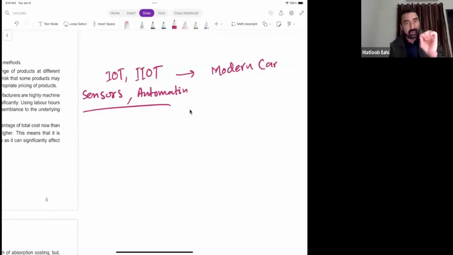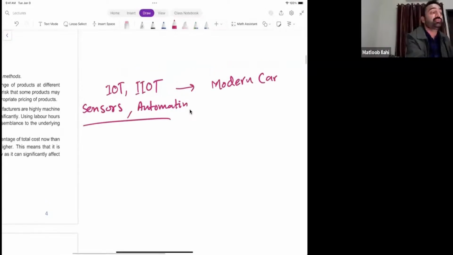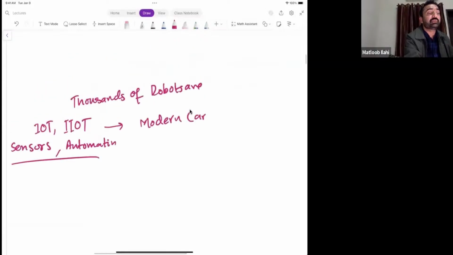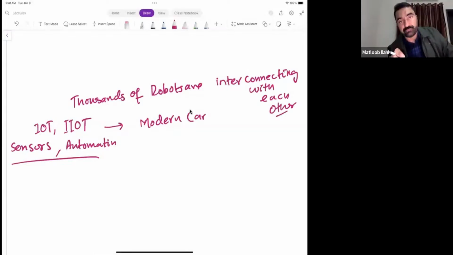So when this technology of Internet of Things is applied at large scale in manufacturing facilities, where thousands of robots are interconnecting with each other, that is a use of IIoT.